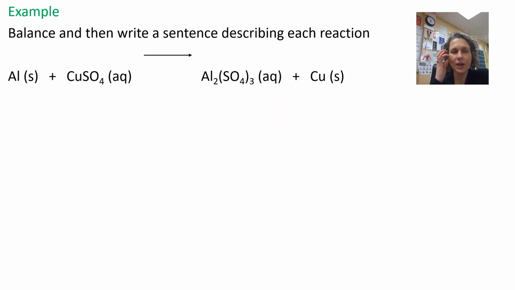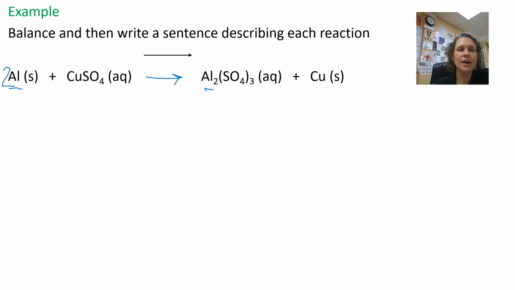Okay, now one more. What if you have the equation, but I want you to write a sentence? So it's basically just the opposite. Here it tells you to balance and then write a description or a sentence for each one. If we balance it first, just for some practice, I've got 1 Al and 2 Als. So let's put a 2 here.